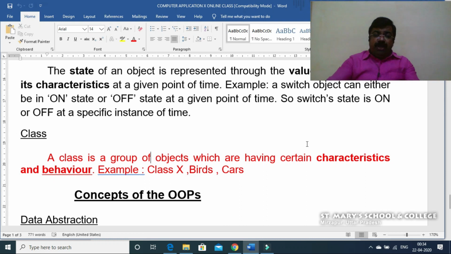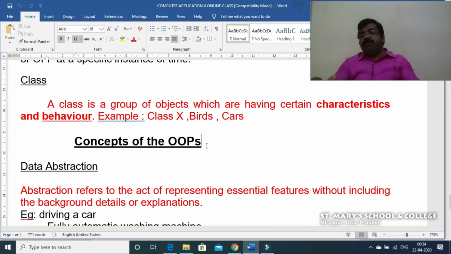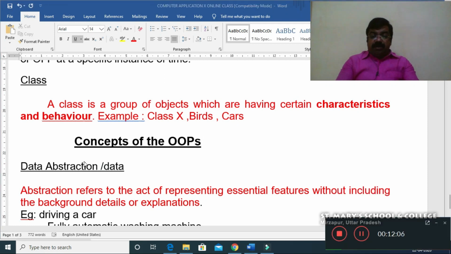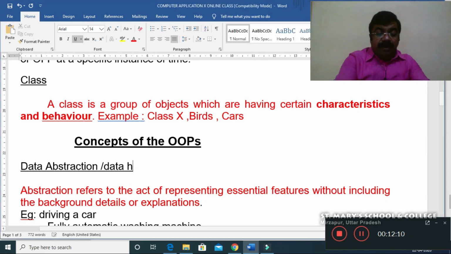Again, we are proceeding to the concepts of OOPS. When we say a particular programming language is object-oriented programming, it should follow certain concepts. One of the concepts among them is data abstraction. One more name is there for the same, data abstraction or data hiding.